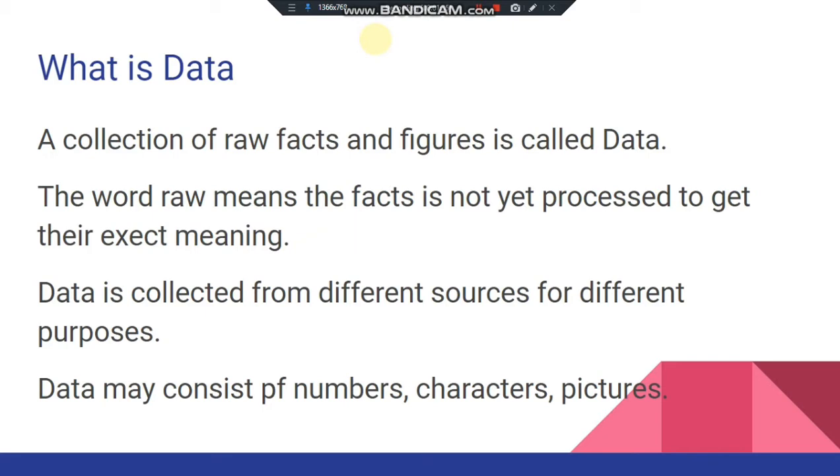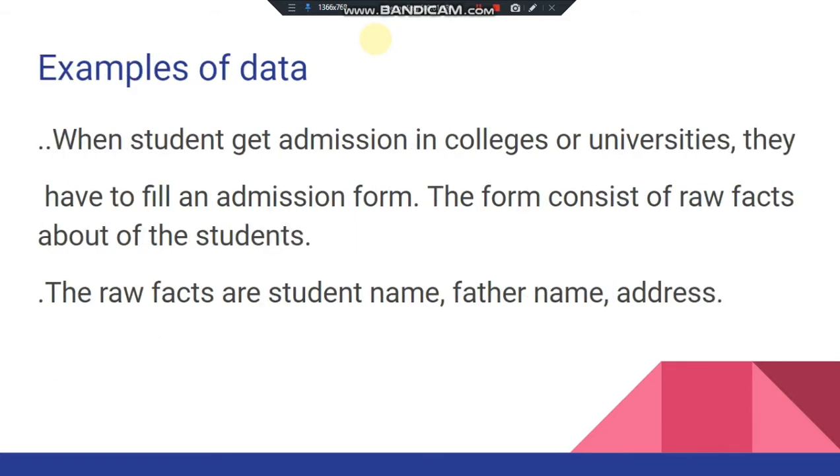When we organize this data, it delivers us information. In the coming few minutes we will understand what information is. So what is an example of data? When a student gets admission in a college or university, they have to fill in an admission form. The form consists of raw facts about the student: name, father's name, address.